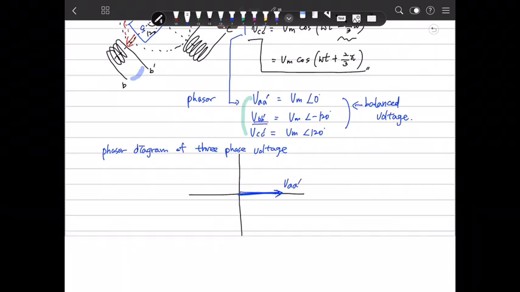And where's B? B is here, same magnitude, but 120 degrees, VB, B prime. And C is in this direction, C prime. This is also 120 degrees. The sequence is important. This is A phase, next B is here, and this is C. So this is a balanced voltage.